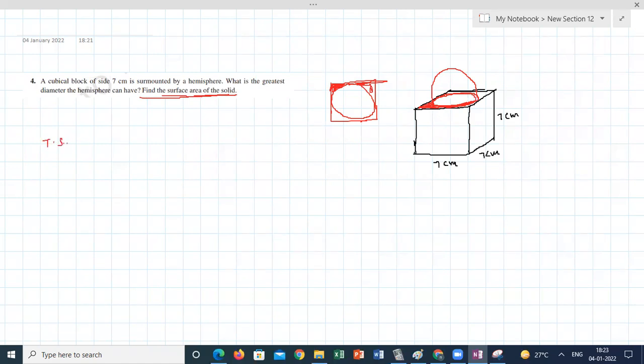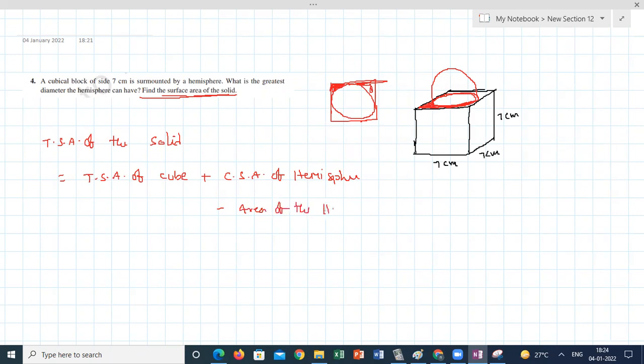So the total surface area of the solid, I can write like this: total surface area of the cube, plus curved surface area of the hemisphere, minus area of the hemisphere base.